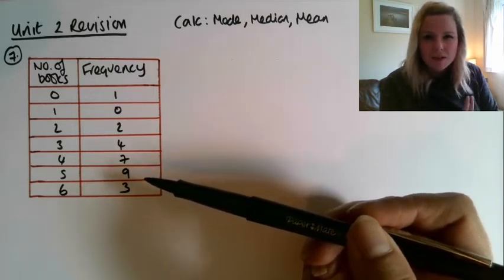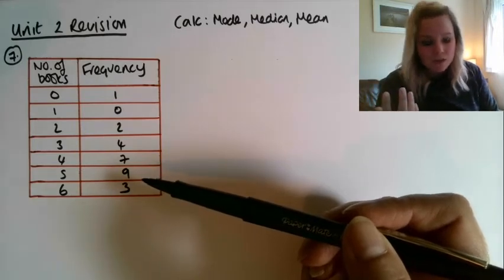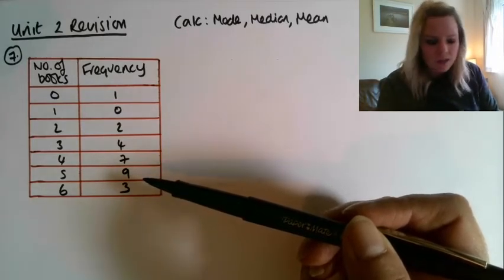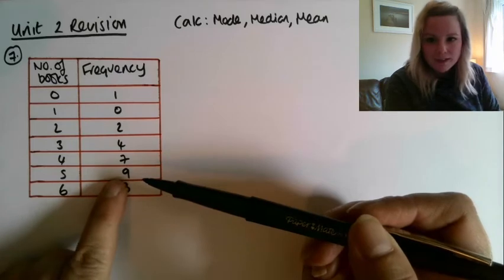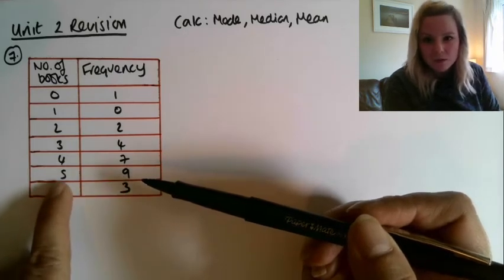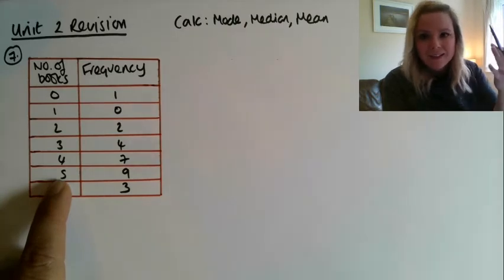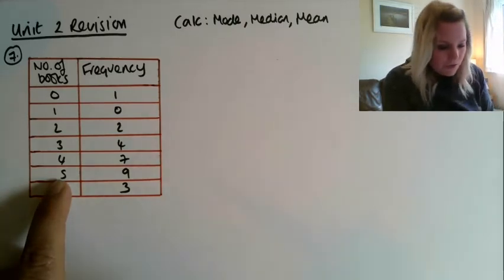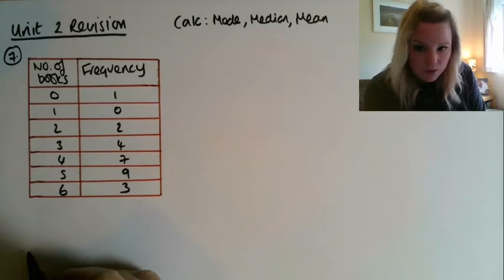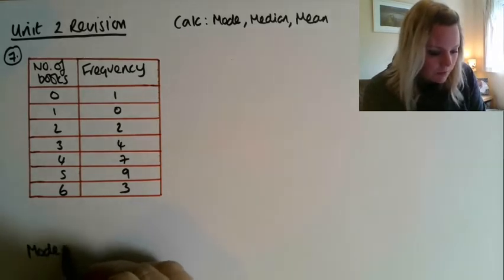The highest frequency just tells us which value is the most occurring. So because this frequency is 9, then 5 is our mode because it's the number of books that happened the highest number of times. So our mode is 5. I will just make a wee note of that here.